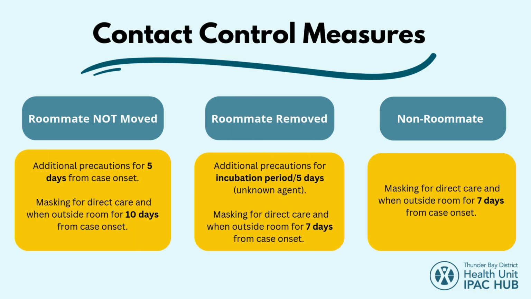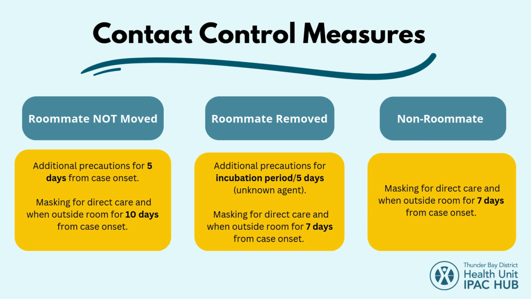So here are some contact control measures for all respiratory outbreaks. Ideally, roommates and close contacts are placed in a separate room to isolate away from the case. When this is not possible, the use of physical barriers such as curtains or any cleanable barrier to create separation between the case and the roommate is recommended.